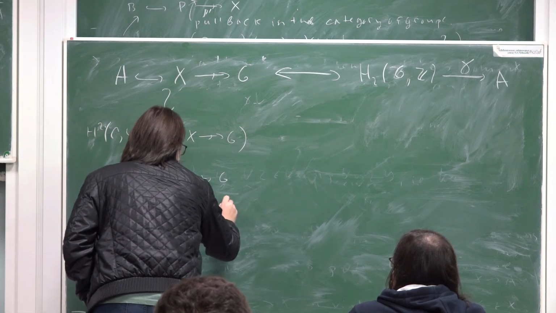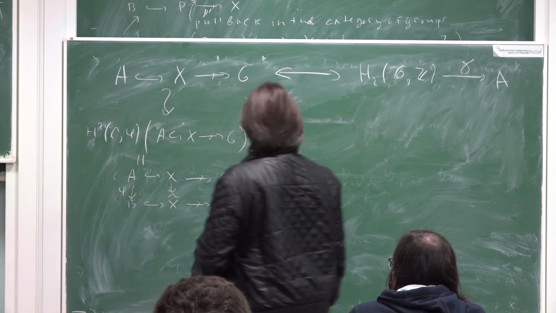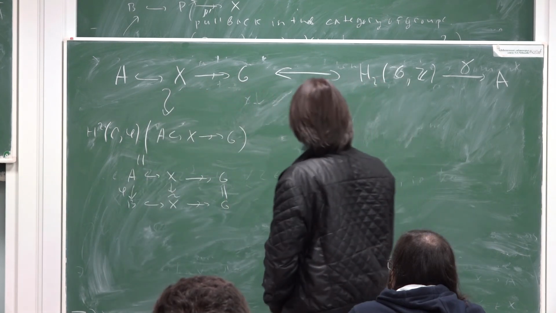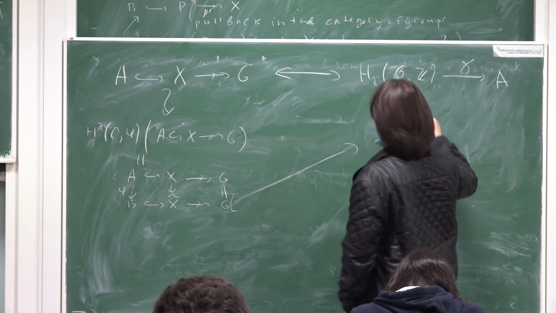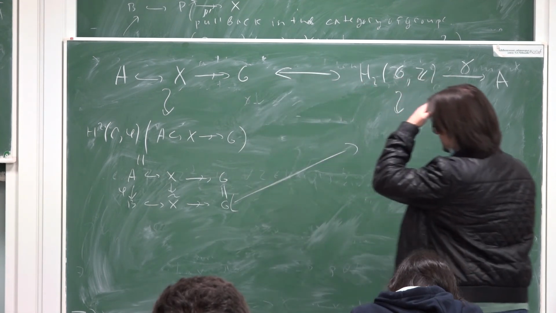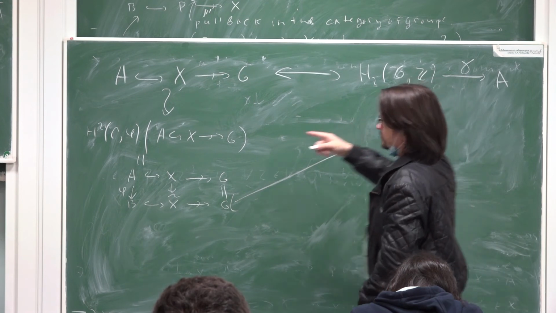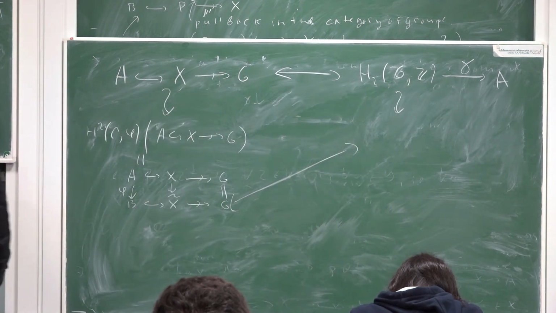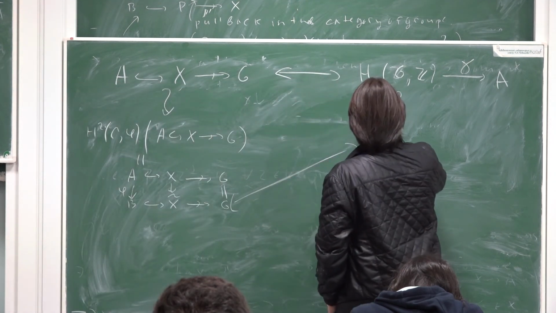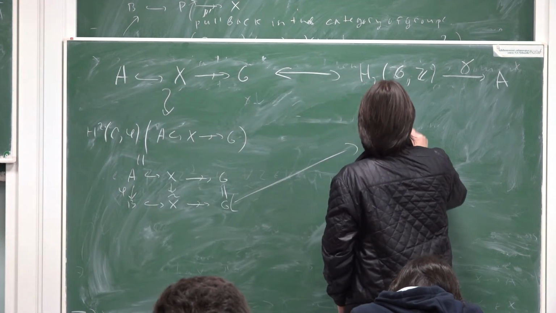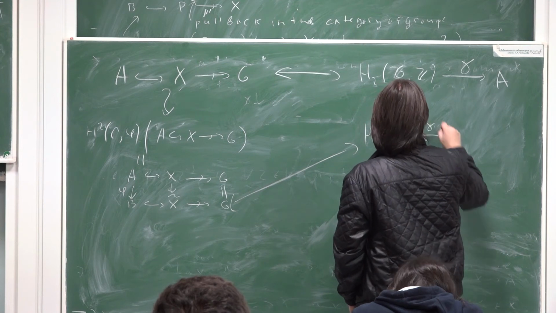So this central extension corresponds to what we get here, and here we get this thing phi, and it is simply a map to B, which is the composition.